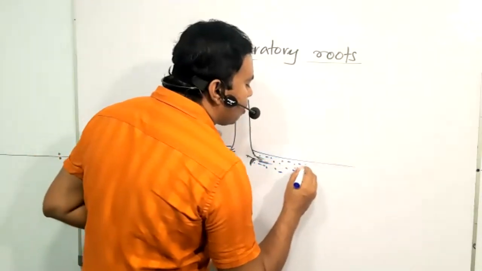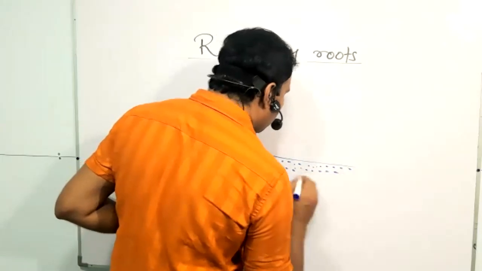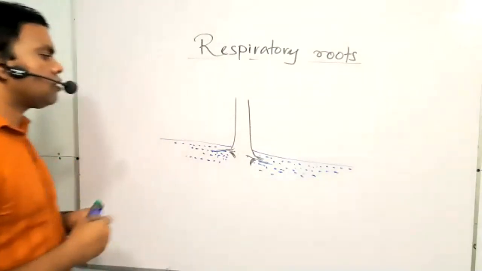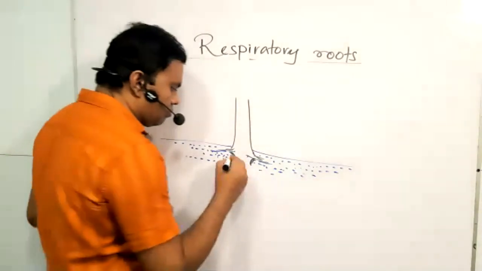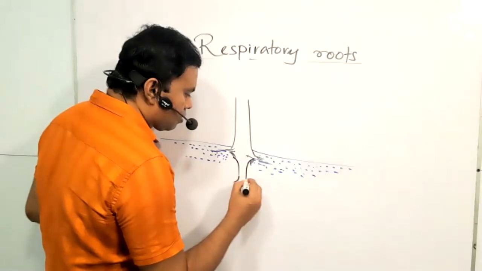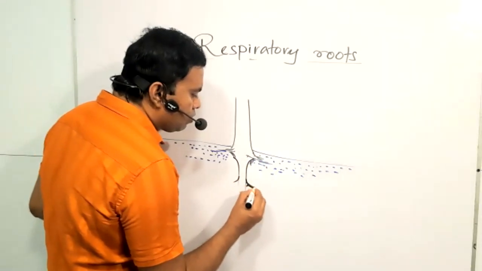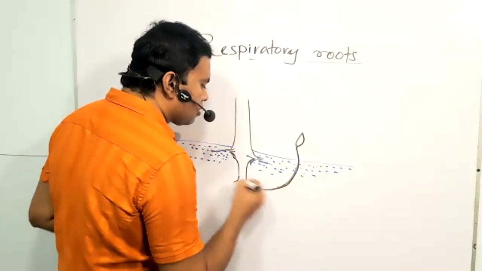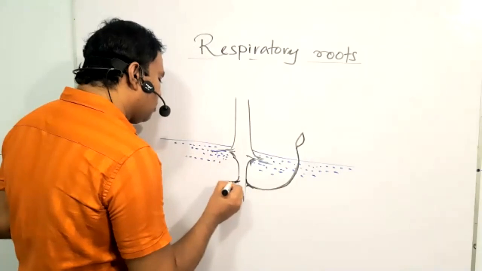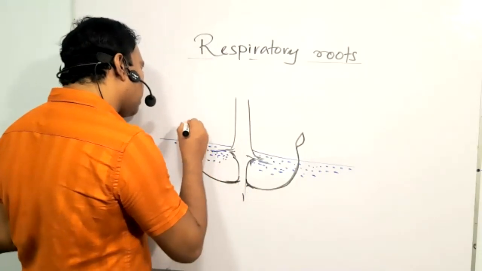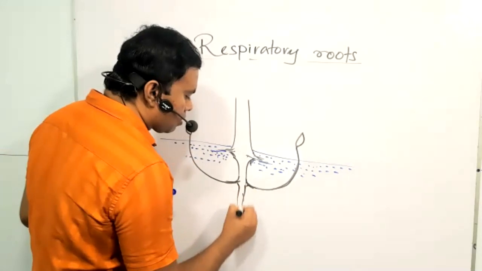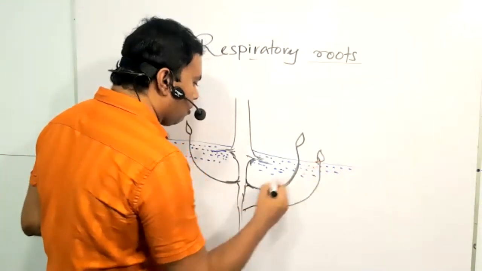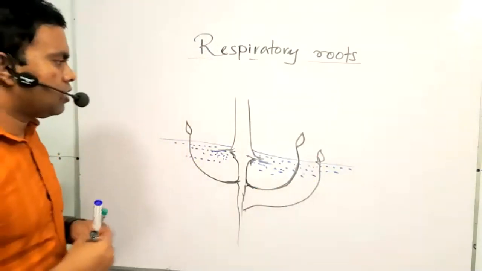Then a problem occurs in absorbing oxygen for these roots. In that case, a new root starts to initiate. The purpose of that root is not to absorb minerals, but to absorb atmospheric oxygen.